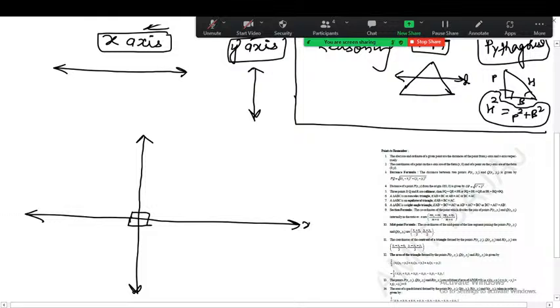This horizontal line is the x-axis and this vertical line is known as the y-axis. Now, in a number line, if you remember, there is a center at the middle, that is 0, and then we have positive values towards the right and negative values towards the left.